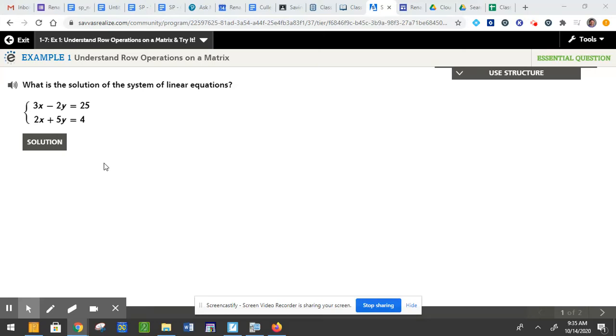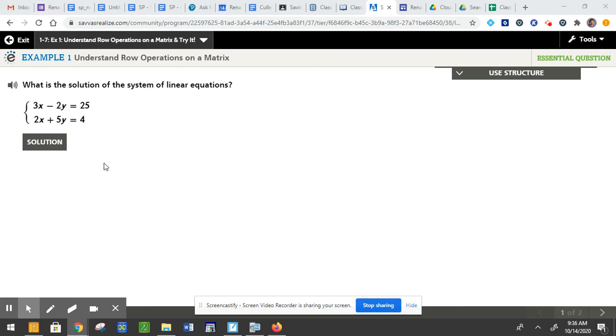Welcome to lesson 1.7. In this lesson, we are going to solve systems of equations using matrices. Might sound weird, it kind of is, and we'll work through it here. One thing of note is there's no way I would solve what we're about to in example 1 using a matrix.